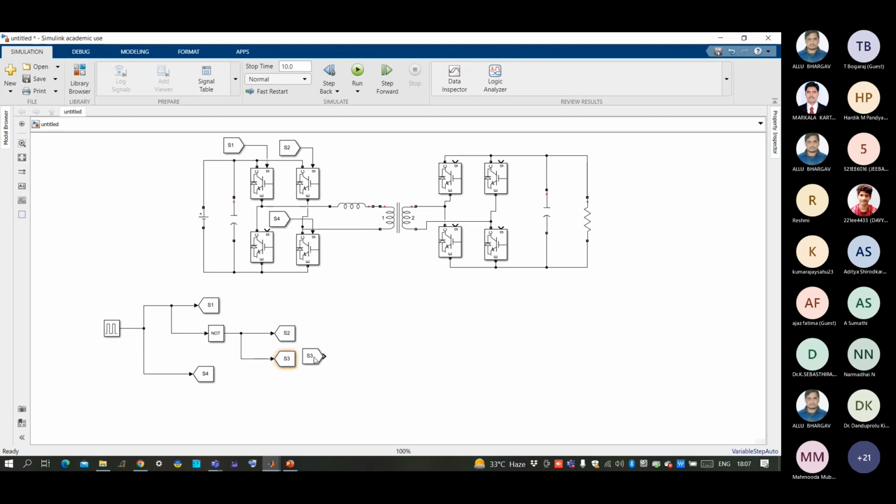You can follow up on here. You can do this. Similarly, now we need to get pulses for this with a phase shift. So how do we get phase shift?